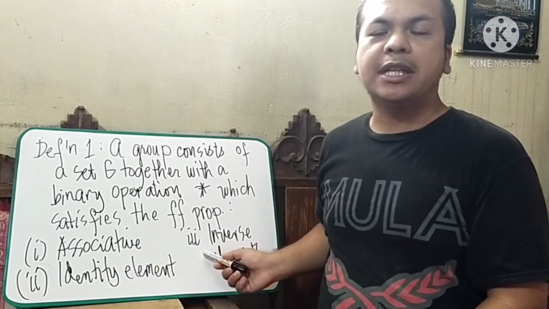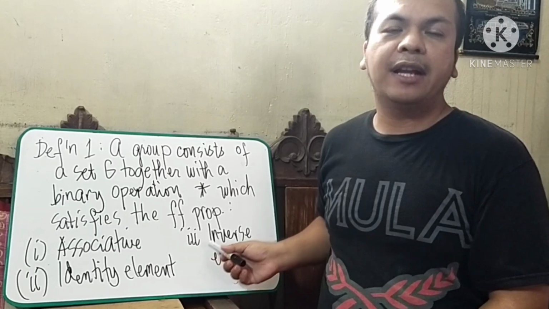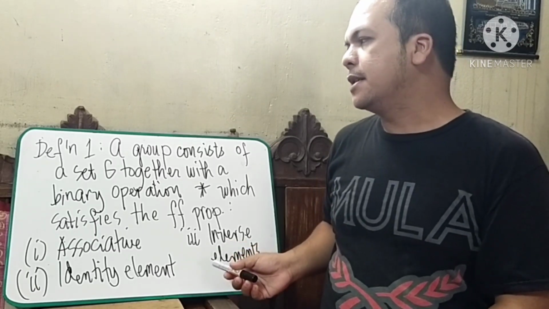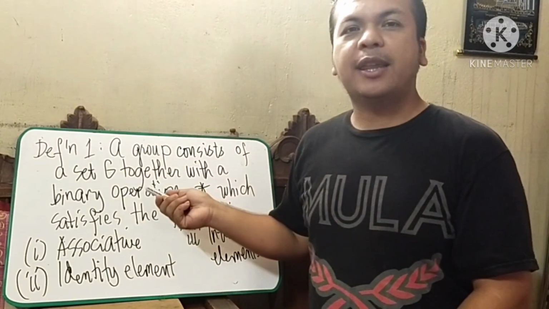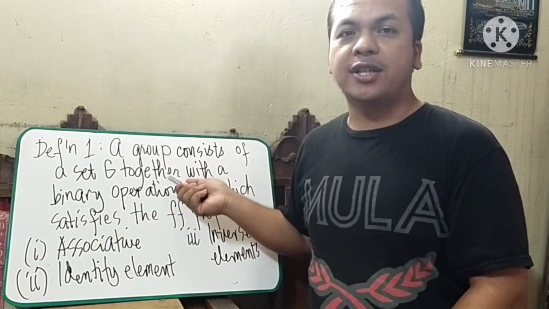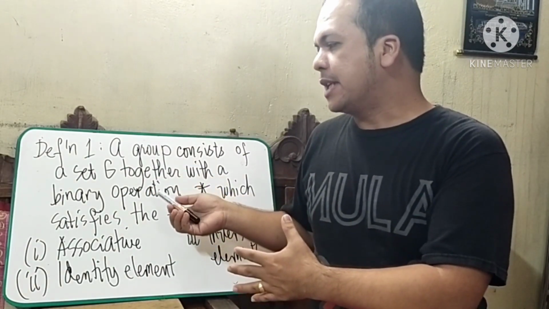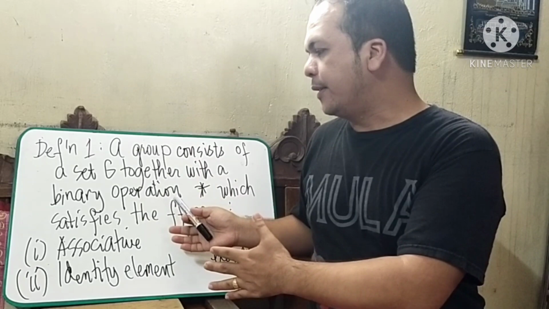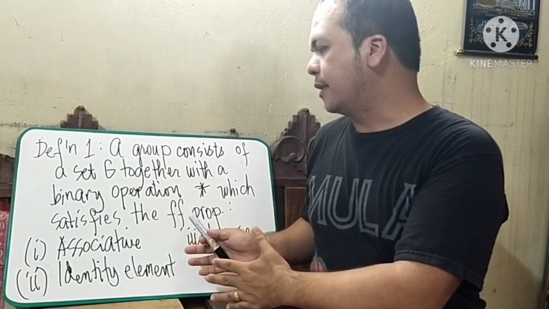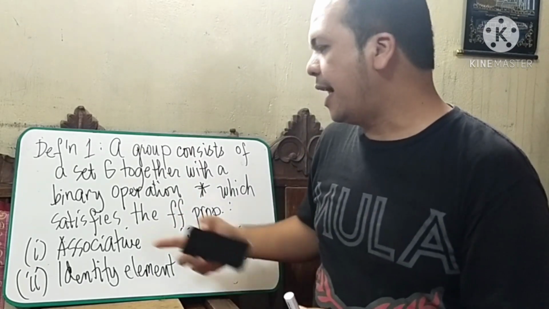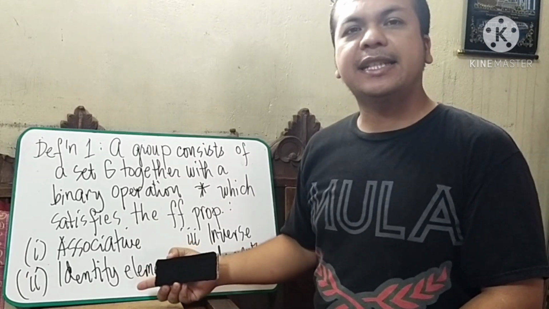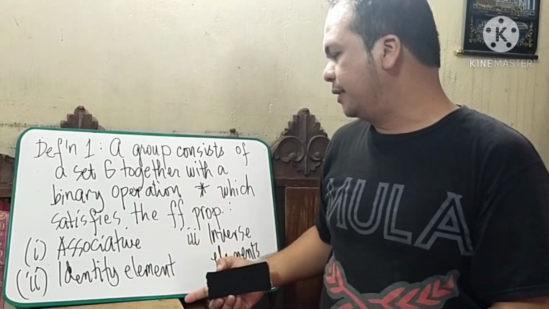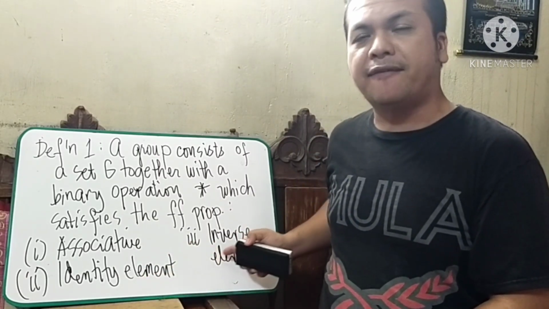And the third property is the existence of an inverse element. This set, together with a binary operation star, forms a group if it satisfies the properties: associative, existence of an identity element, and the existence of an inverse element.